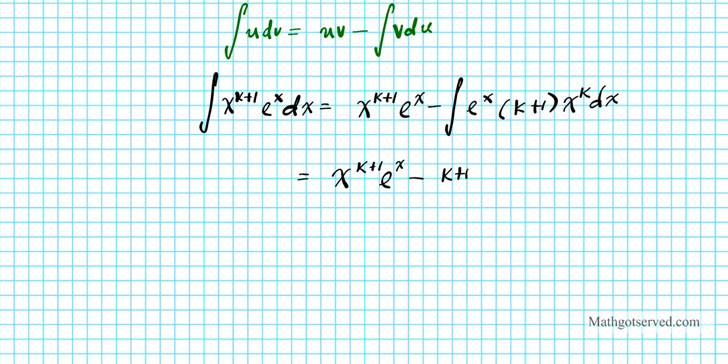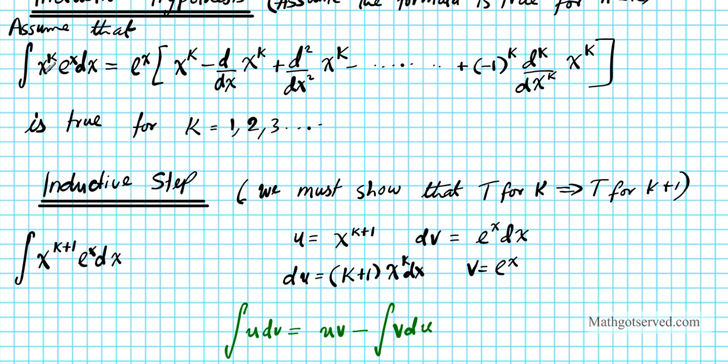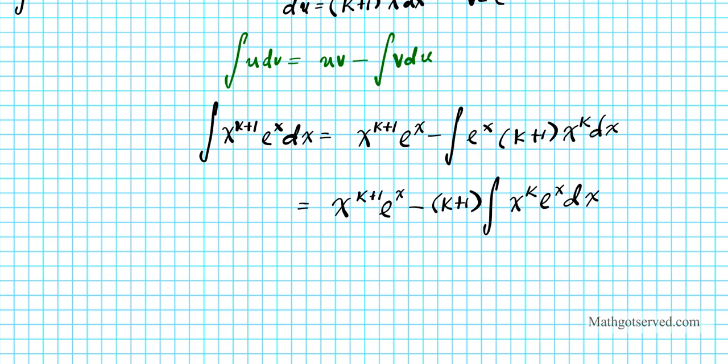I have k plus 1 times the integral of x to the k e to the x dx. Now, what do I know about this? Does this look familiar? Well, let's go up a little bit. Check this out. The antiderivative of x to the k e to the x, you see this thing right here? This expression is exactly what I have over here.